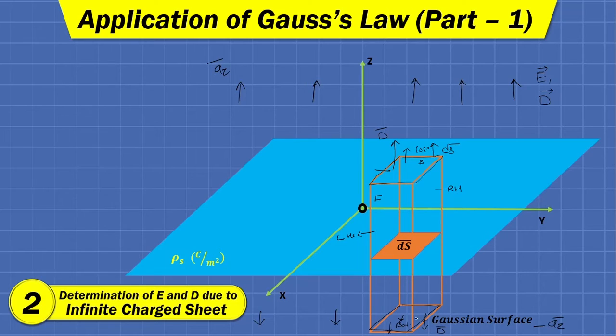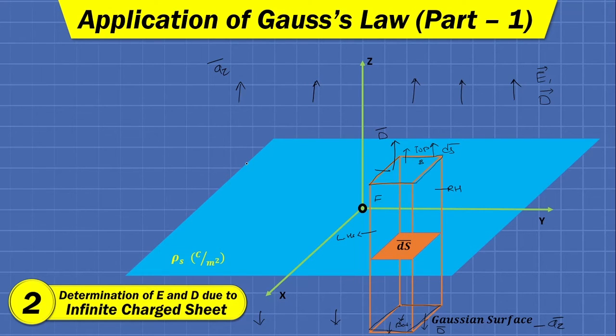For the remaining 4 surfaces, at every point we have a 90-degree angle. So out of these 6 surfaces, 4 make a right angle with flux density, and the calculation will be much shorter. Again we follow the same procedure, using Cartesian coordinates.